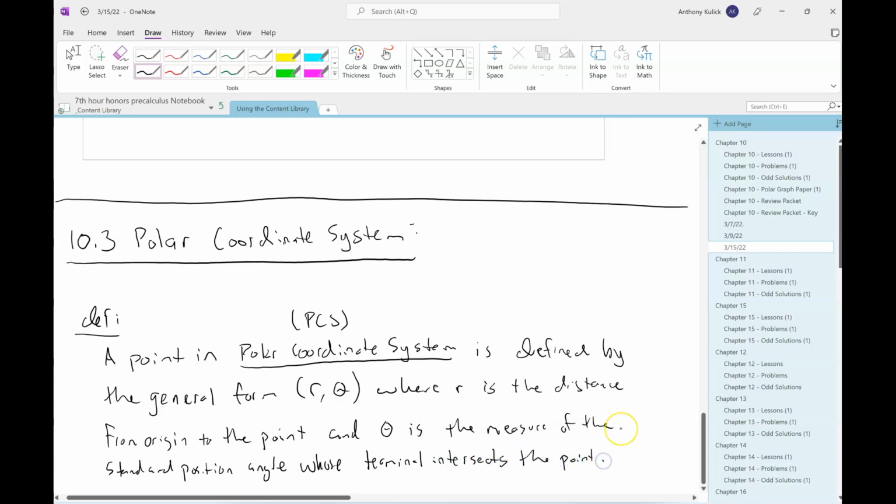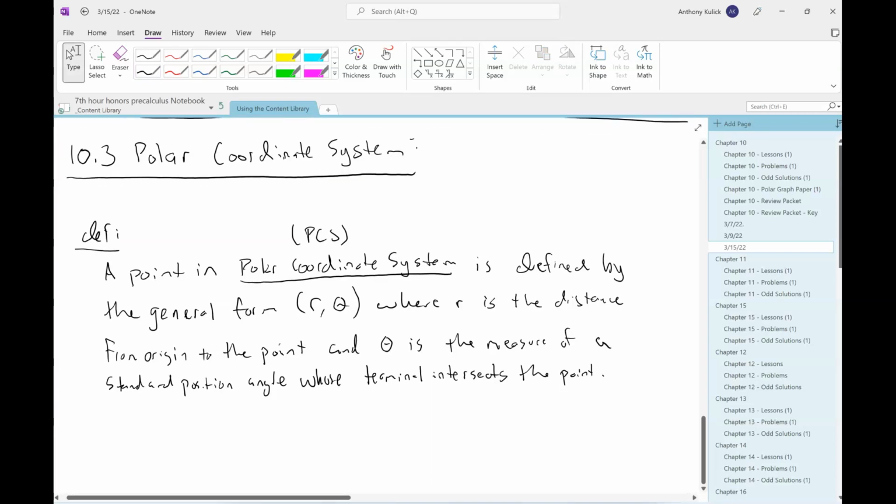And I just want to change one little article. Instead of saying the standard position angle, I'm going to put a standard position angle. And that just matters to the math grammarians out there.